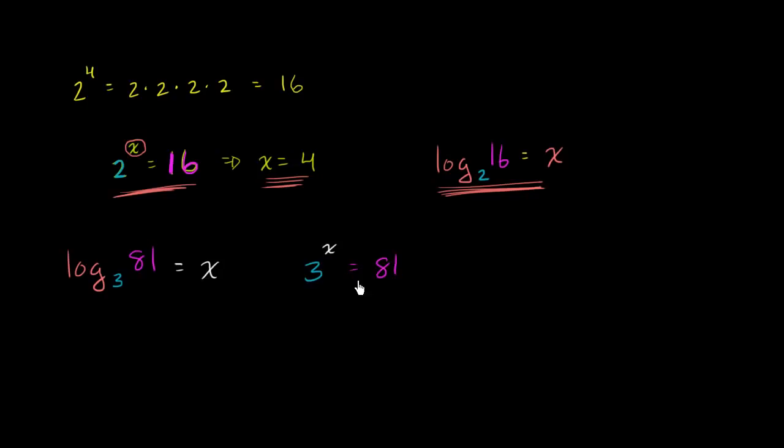You had to use algebra here, while with just a straight up logarithmic expression, you didn't really have to use any algebra. We didn't have to set it equal to x. We could just say this evaluates to the power I need to raise 3 to get to 81. Well, what power do you have to raise 3 to get to 81? Let's experiment a little bit. 3 to the 1st power is just 3. 3 to the 2nd power is 9. 3 to the 3rd power is 27. 3 to the 4th power, 27 times 3, is equal to 81.